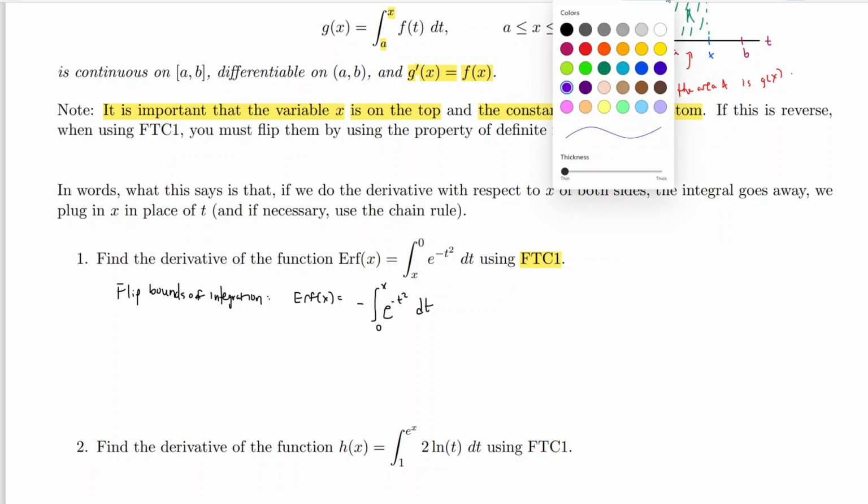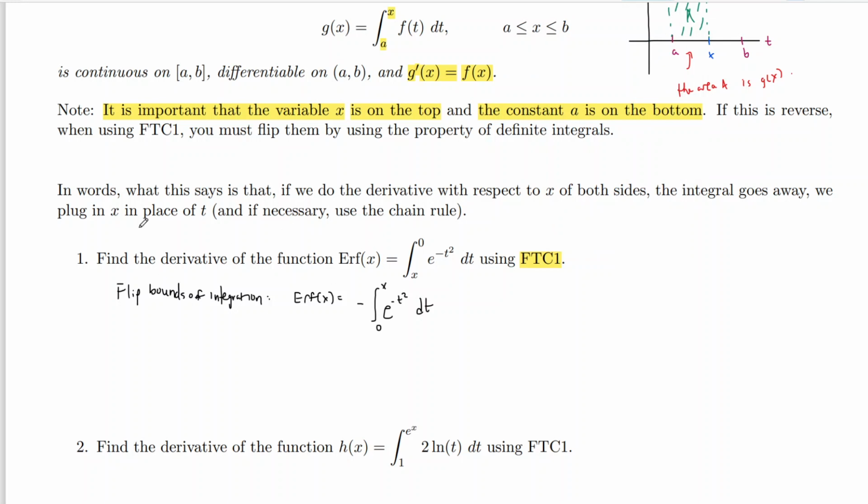All right, now what happens is when we do the derivative of each side, because that's really what we want to do, because we want to find the derivative of the function erf of x. It depends on how you write this. Usually with functions, we just have one letter, so we can put the prime. You can still put the prime on the erf part. Now you have that negative sign up here, so that has to stay.